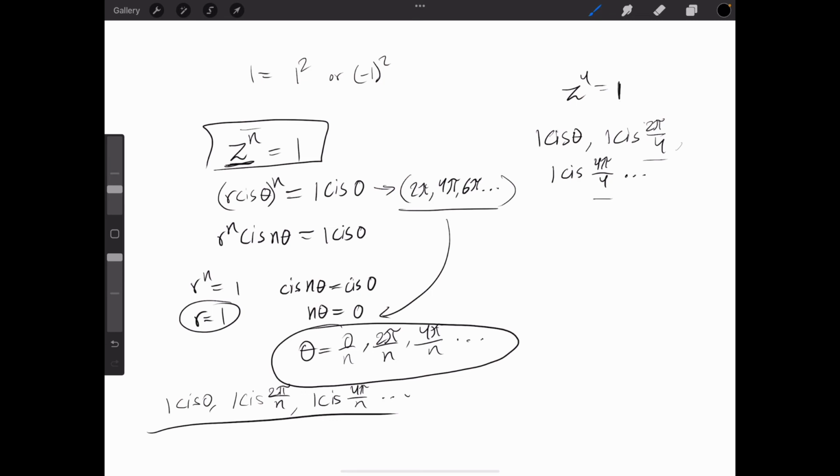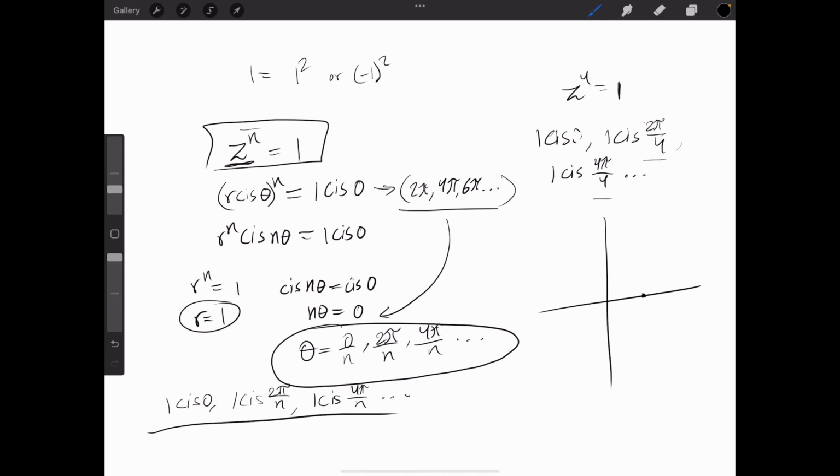And there's something even more interesting. If you have a complex number plane and you graphed each of these numbers, let's say that this right here is 1 cis 0.